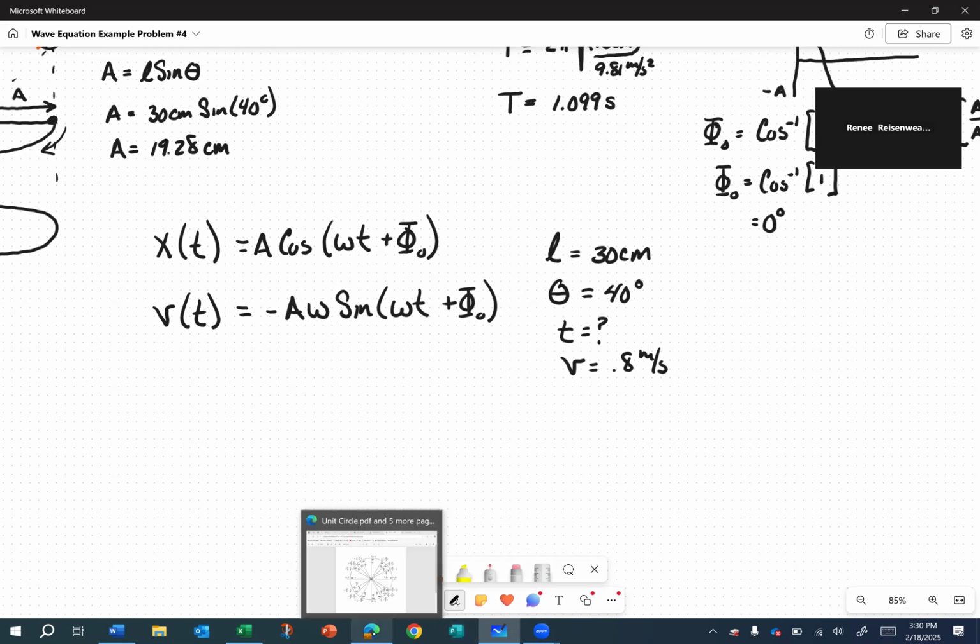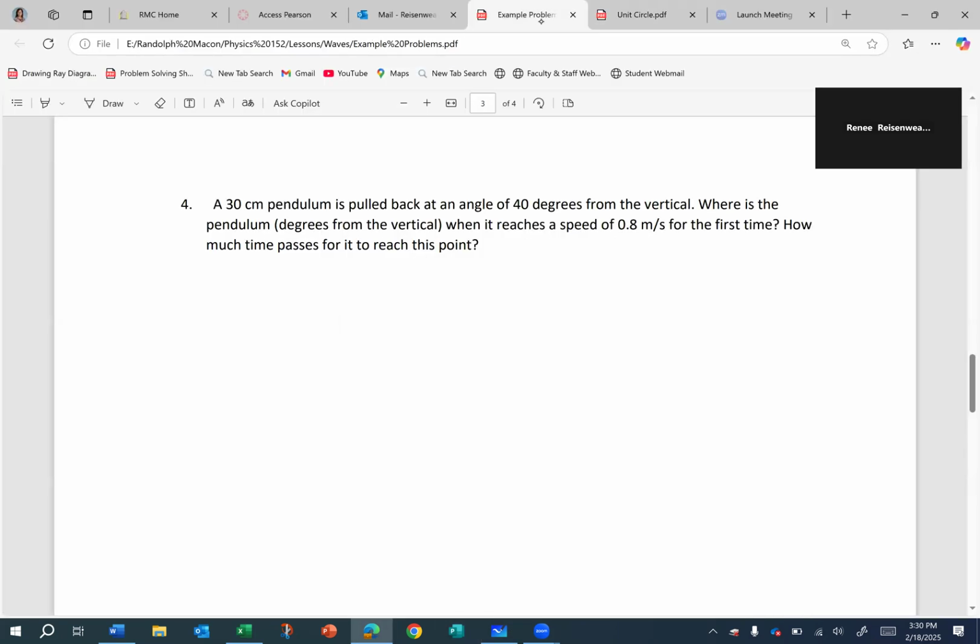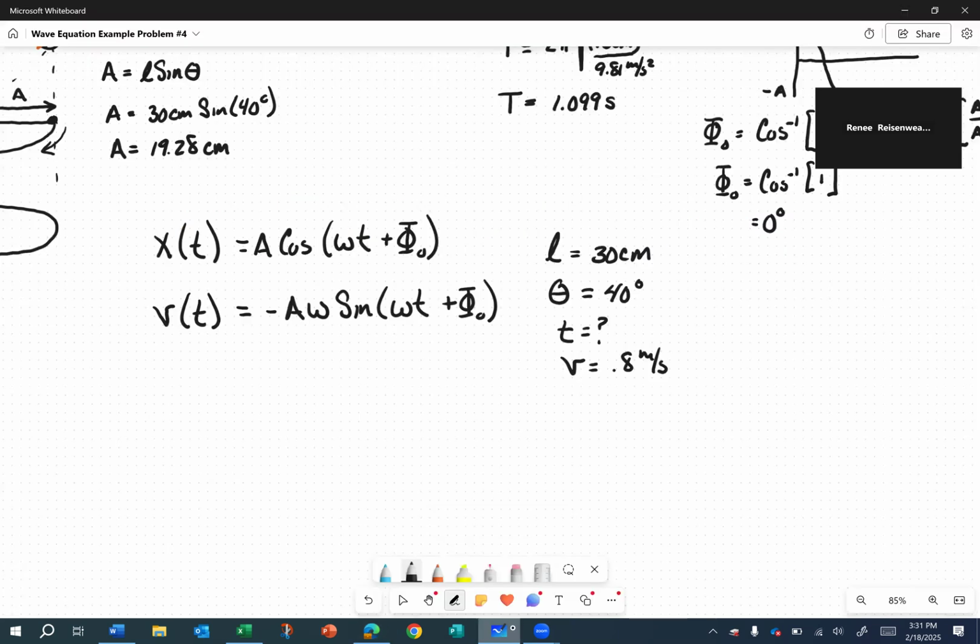So again, going back to the problem, I want to know where the pendulum is, so the position, when the velocity is 0.8 and how much time passes for this point. So in order to solve for this, I'm going to have to use the velocity equation first because that's the information that I'm given to solve for the time, and then use the time to solve for the position of where I am.